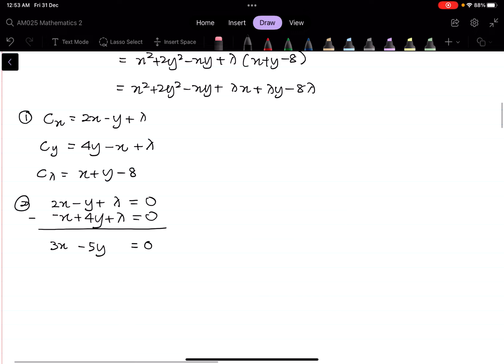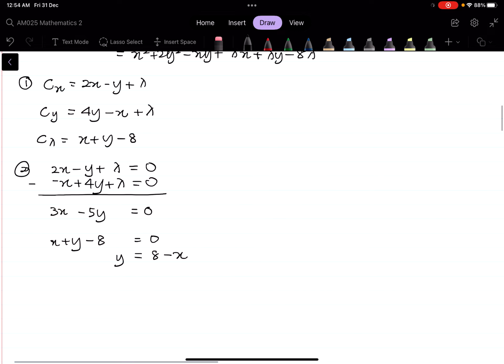Okay, so the next step is we have the third equation, which is x plus y minus 8. So I can write x plus y minus 8 equals 0, and y equals 8 minus x, right?